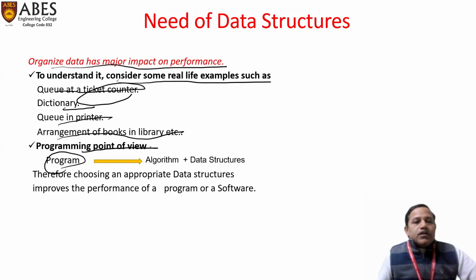Basically, a program is the collection of two things. First one is algorithm and second one is data structure. Not only algorithm is a program and not only data is a program. When we mix these two, then we get programs.